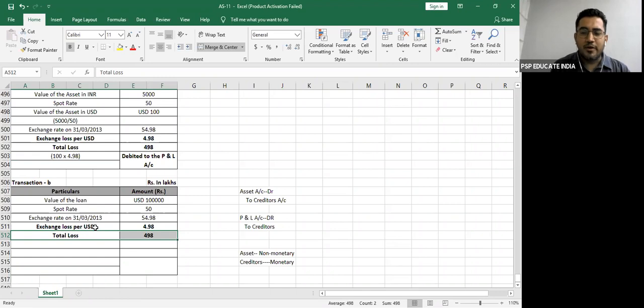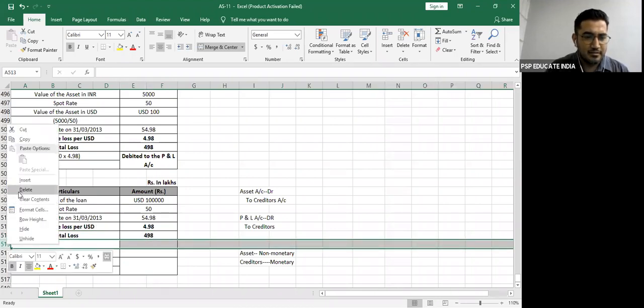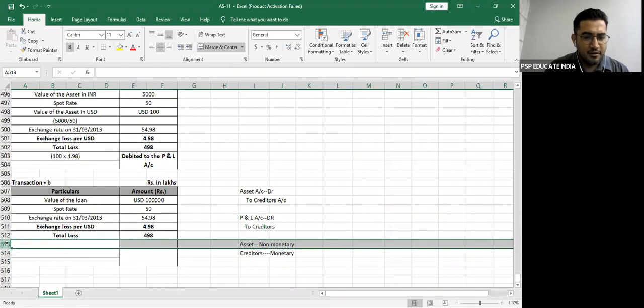Quickly look at the question and tell me, have we purchased any type of asset? Have you taken any kind of asset in the question? Of course not, you have not taken. So this is for other than depreciable asset.